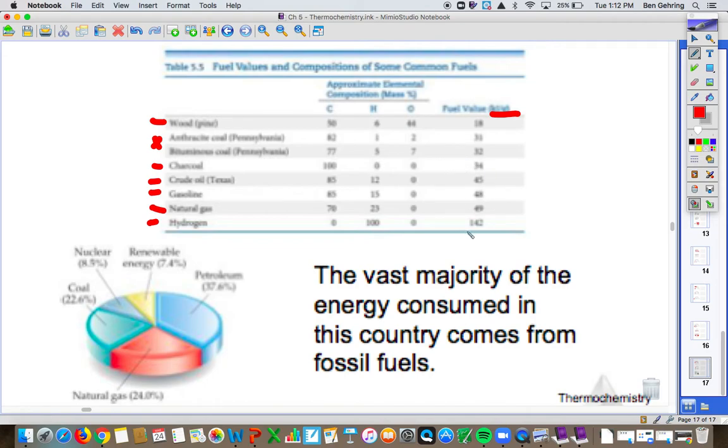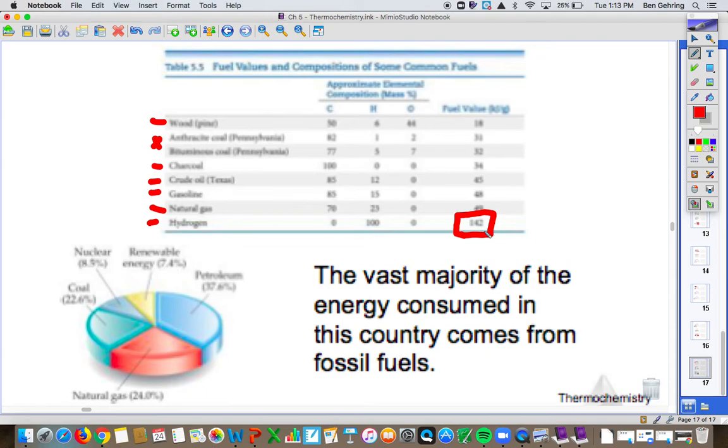And then you look at hydrogen. Hydrogen gives us 142 kilojoules per gram. That's incredible. Hydrogen is the apex of the fuel industry that we are all forever trying to mimic and catch up to, and produce that kind of energy. Because to go along with that, there's no emissions when hydrogen burns.